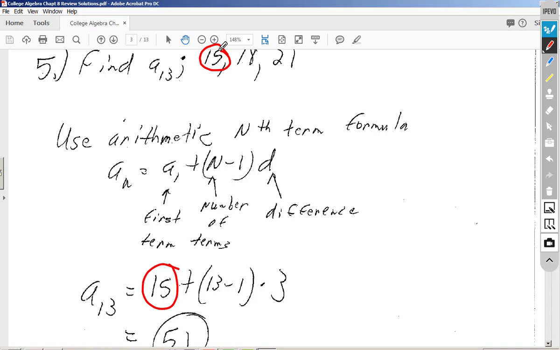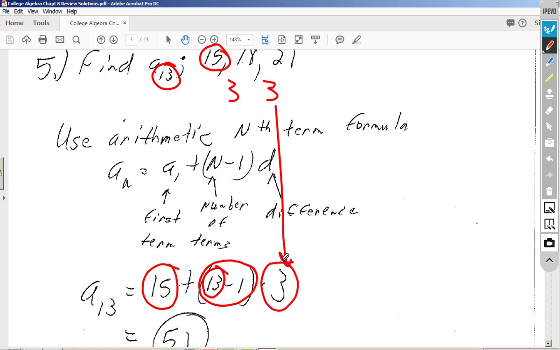Here is the term number I want to find, 13, and the number of differences it's going to take to get to that 13th term is subtract 1, so there are 12 differences. My difference was 3, so substituting in, that's 3.